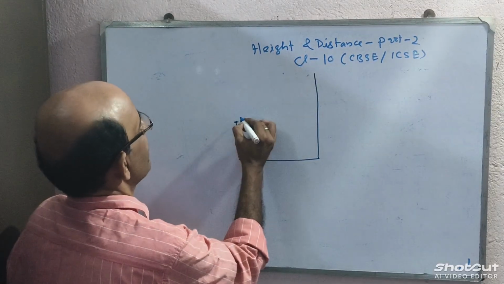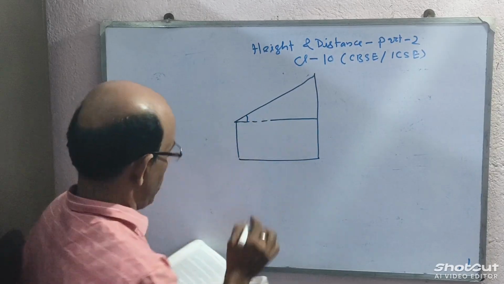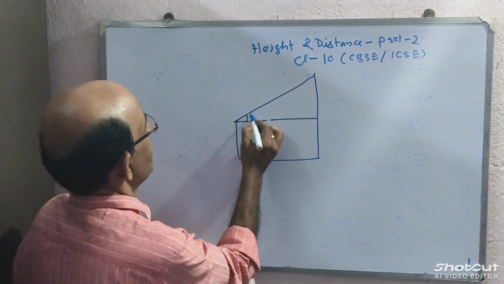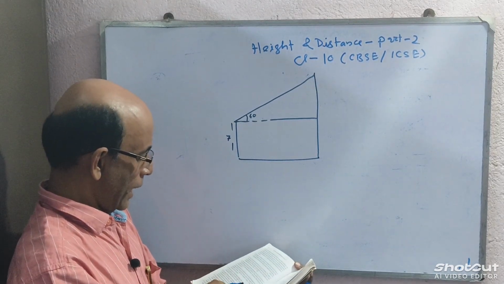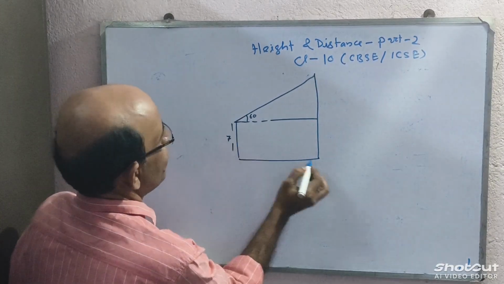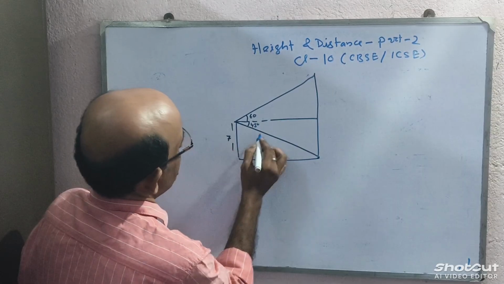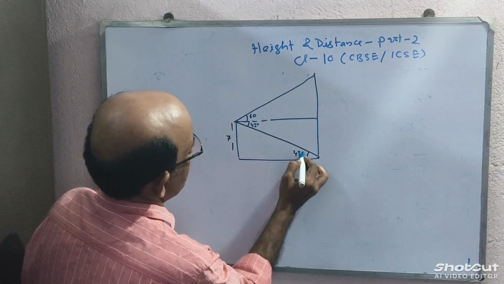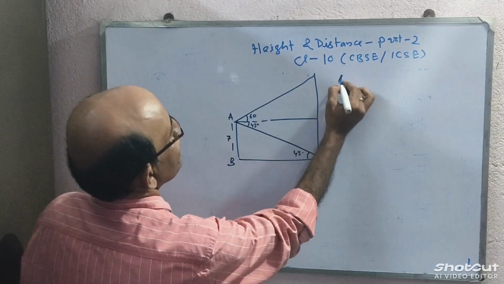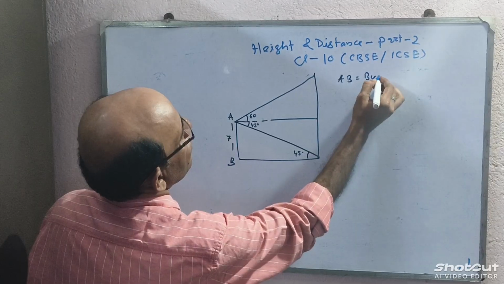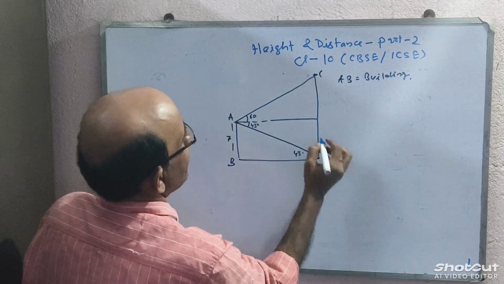The observer is here and this is the angle of elevation which is 60 degree. This is 7 meter and angle of depression of its foot is 45 degree. That means by alternate angle this is also 45 degree. AB is the building and CD is the tower, cable tower.